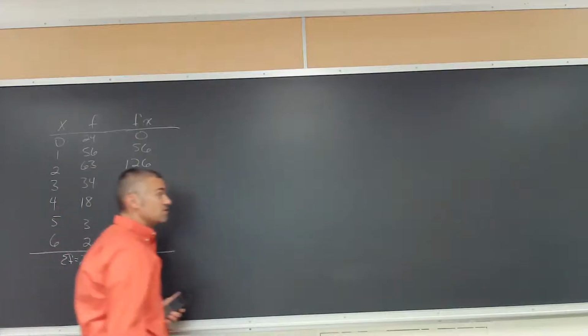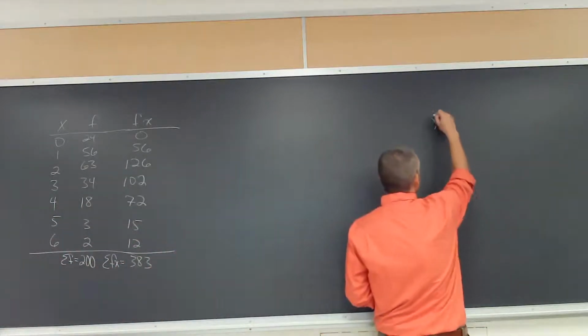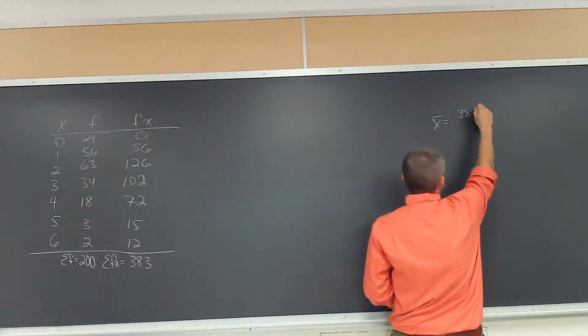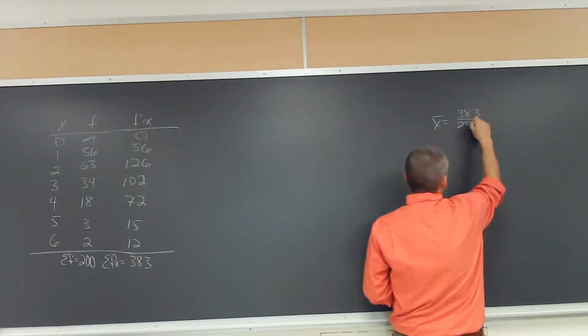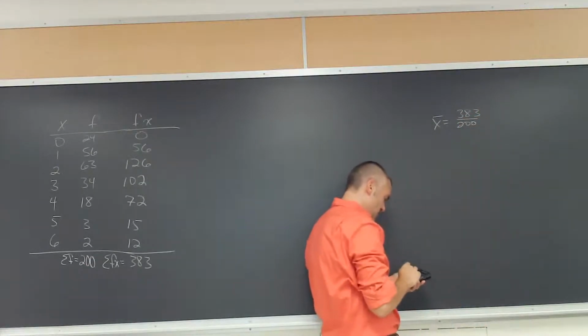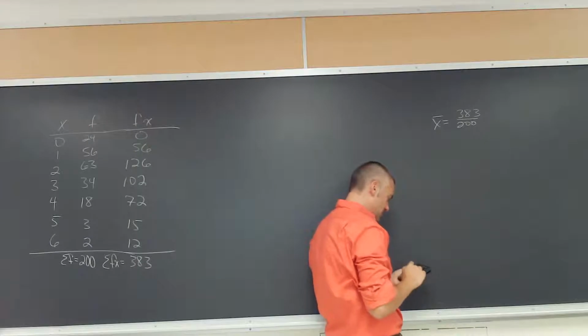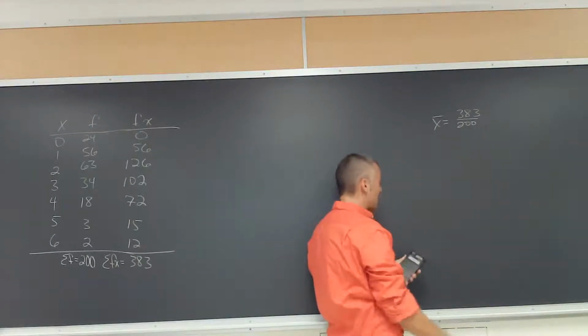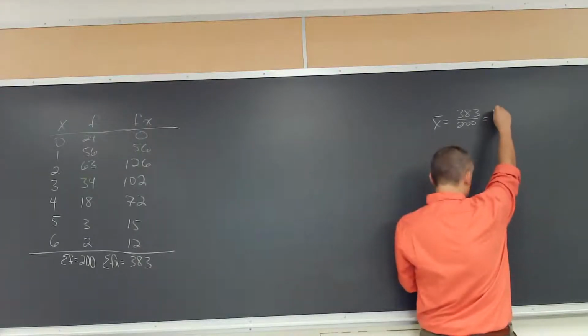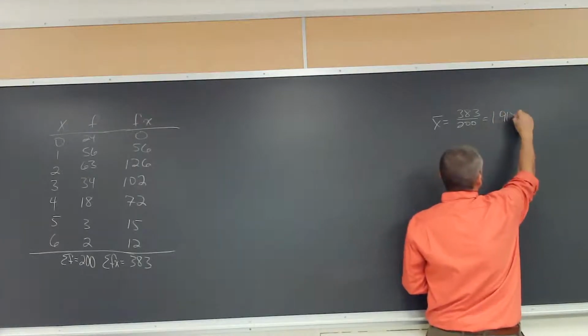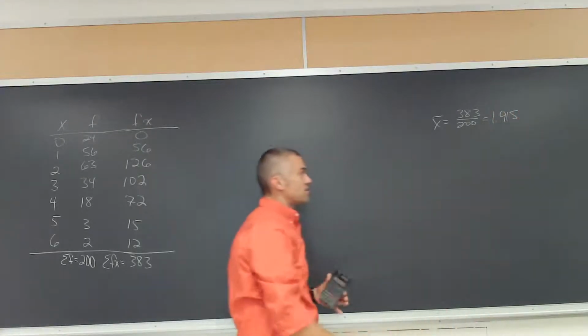So what we can do then is our average. This is 383 divided by 200. 1.915. So that's our average.